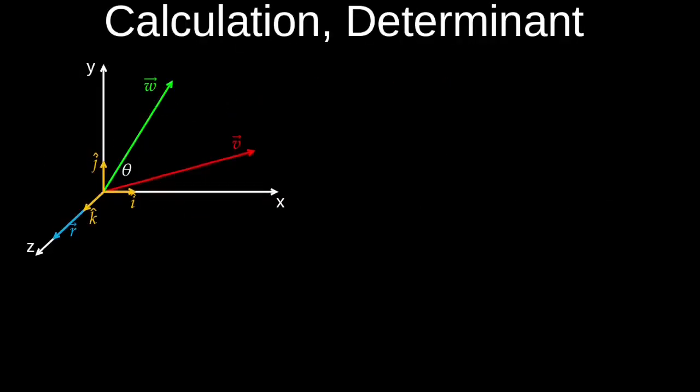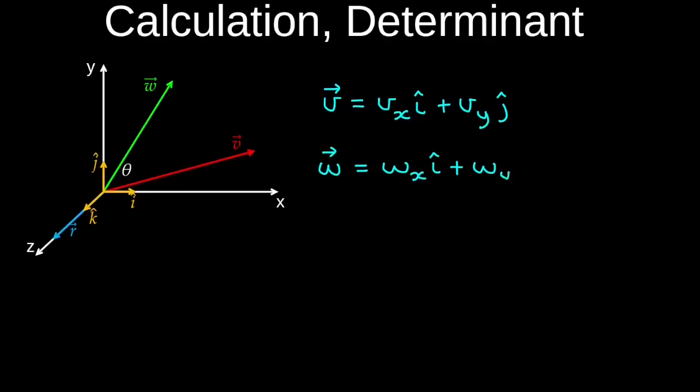Suppose we have vectors v and w in the xy plane, which can be represented using the following components. Well, the cross product between these vectors can be calculated using the determinant of a matrix.